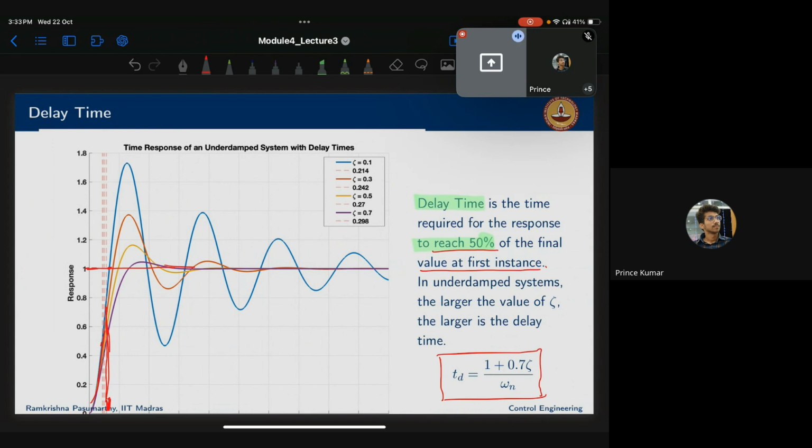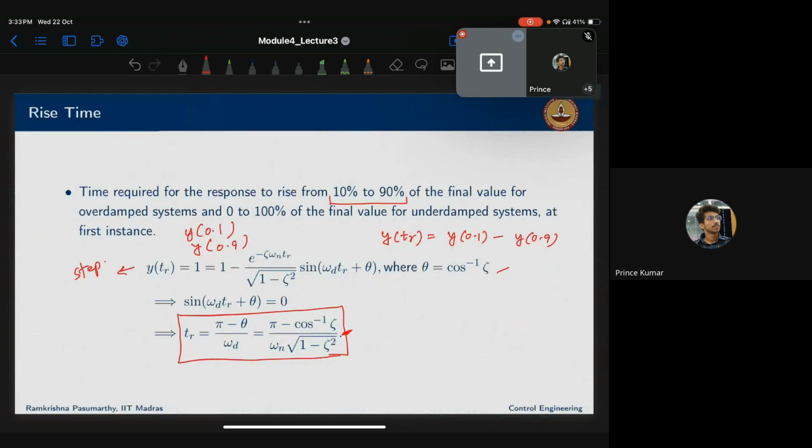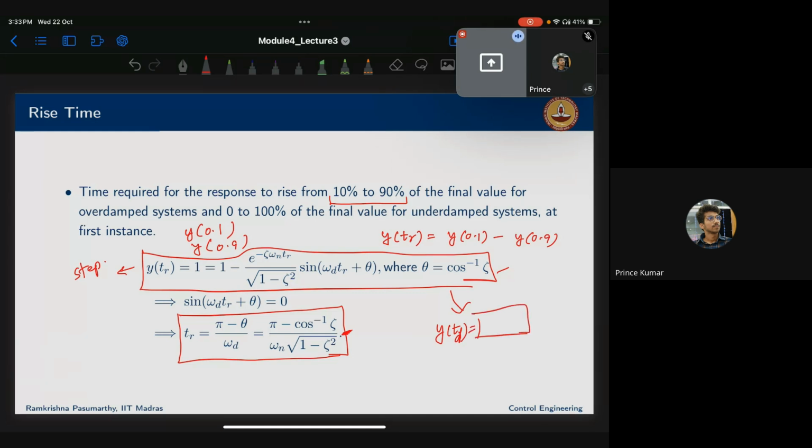Again, the expression is the same. In y of td, write the same expression, which previously was equivalent to 0.9 minus 0.1.